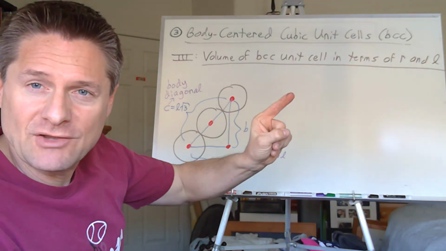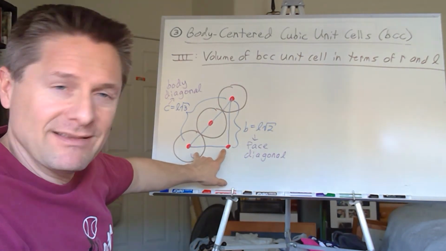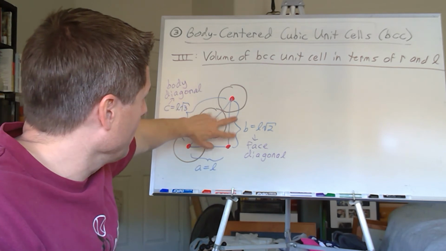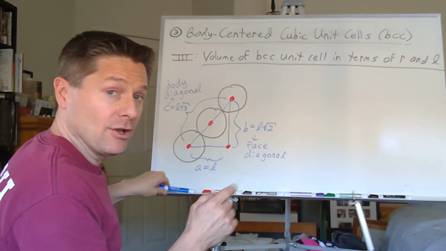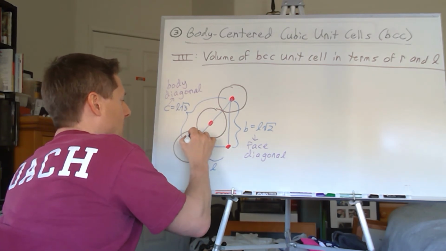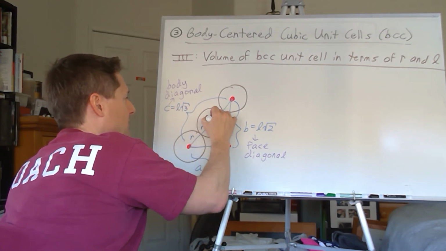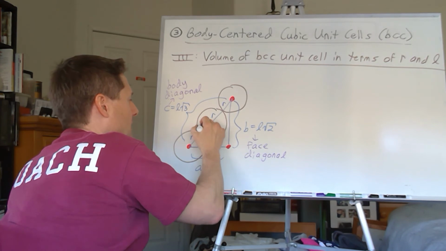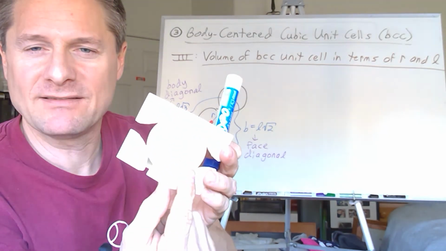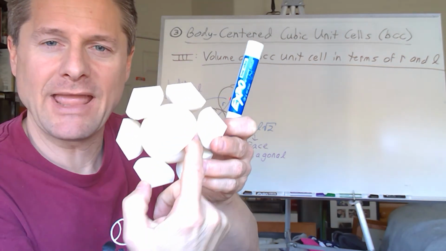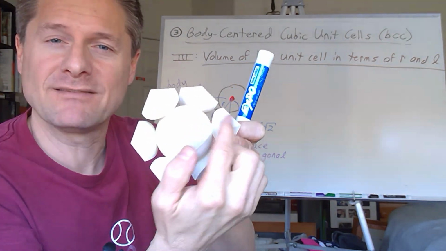Well, where do they touch? Again, they don't touch across the edge length or the face. They touch across the body diagonal. Let's take a look. This is a radius, radius, radius, radius. Do you see how the body diagonal is the radius of a corner atom, the diameter of the body center, and the radius of this corner?